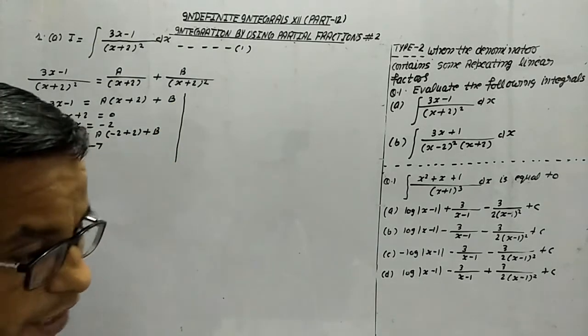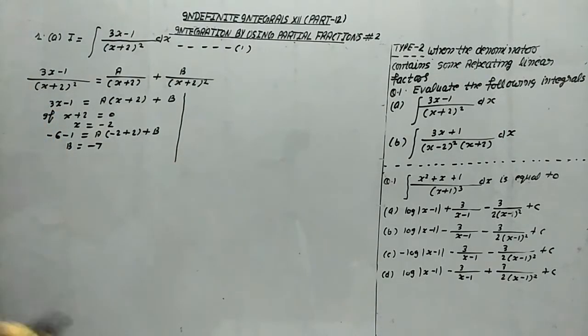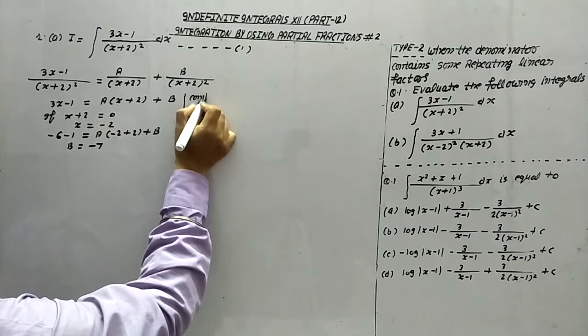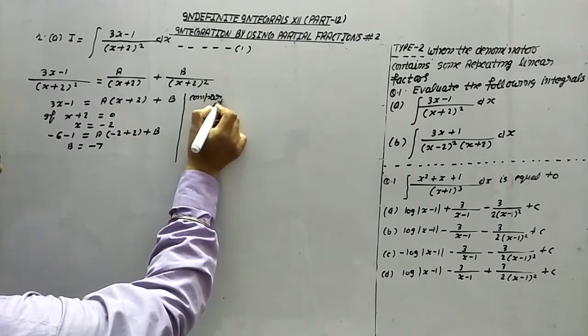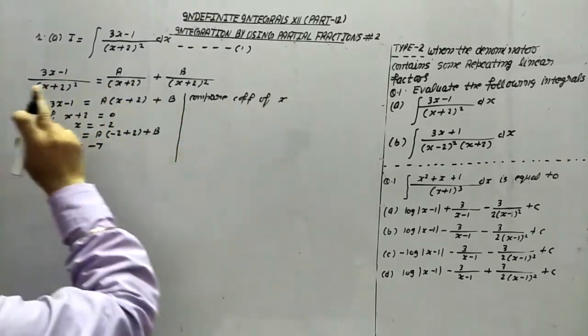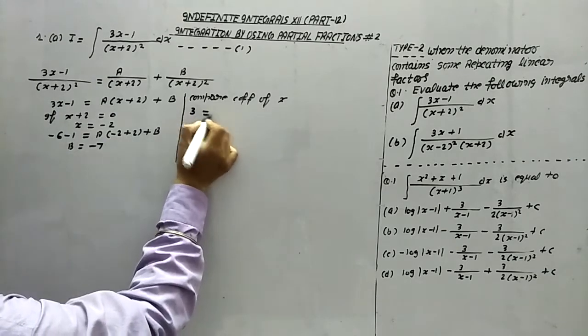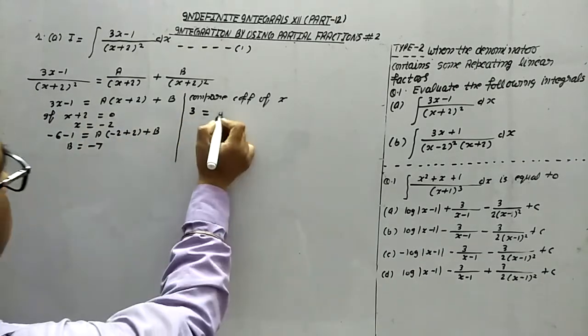Now for the second constant we have to use the equating process. Equating process means we compare the coefficient of x. Now, if we compare the coefficient of x on the left hand side, what is the coefficient of x? 3. And on the right hand side, what is the coefficient of x? a only.